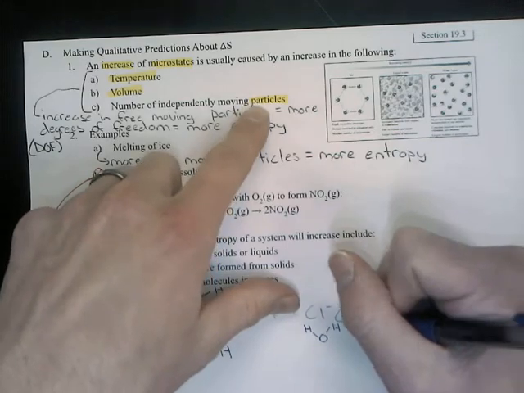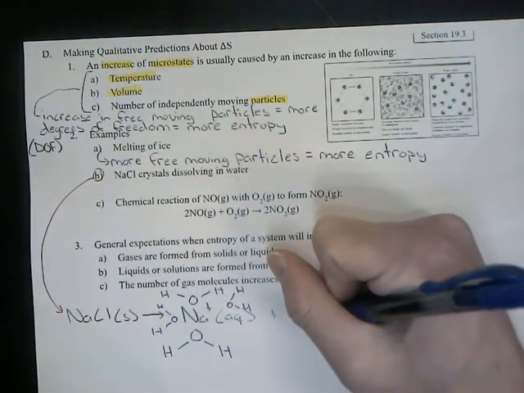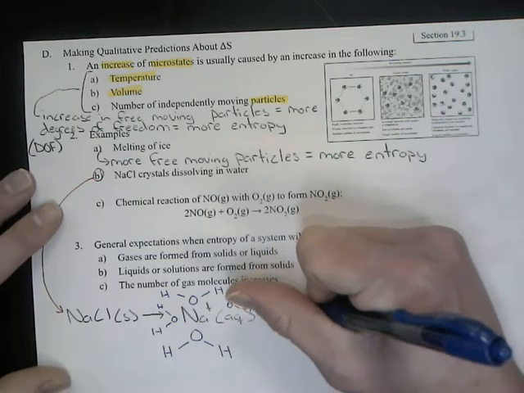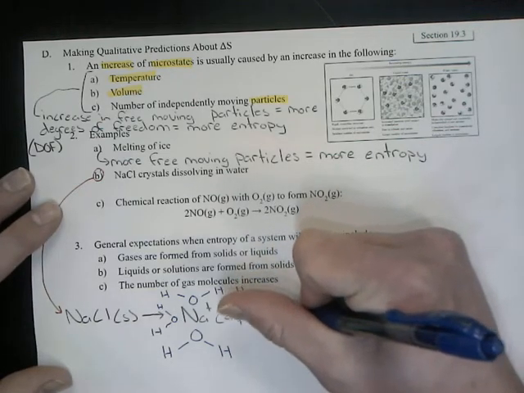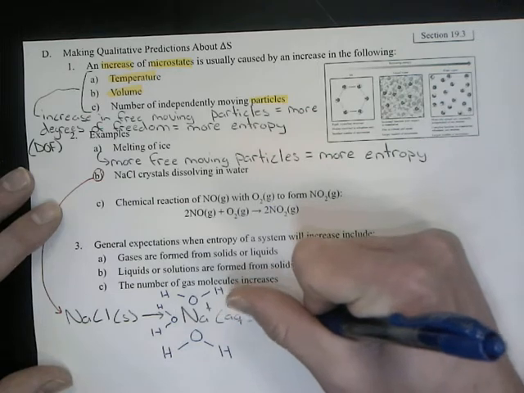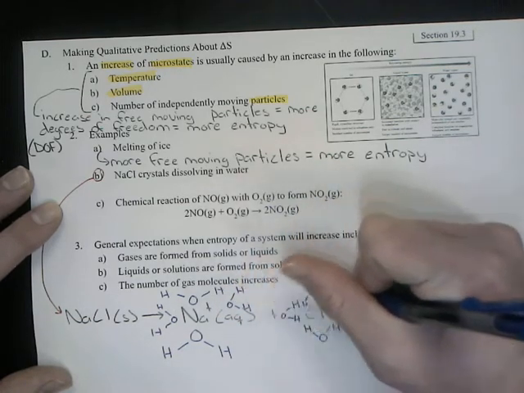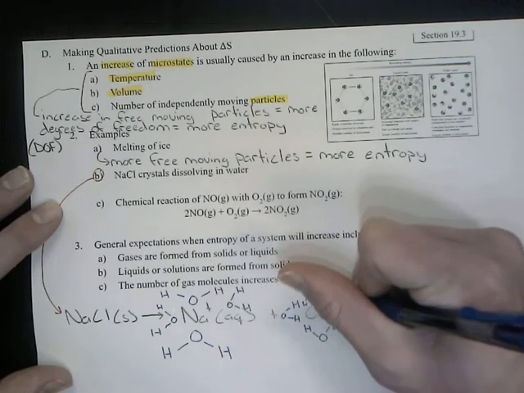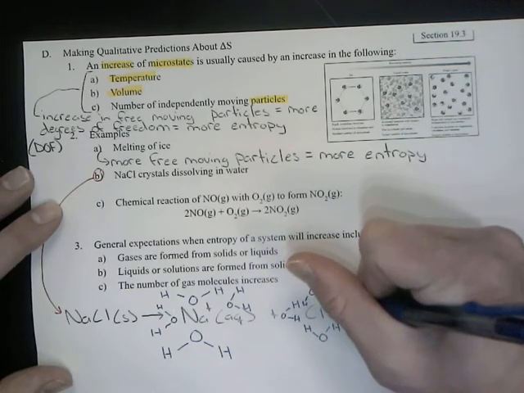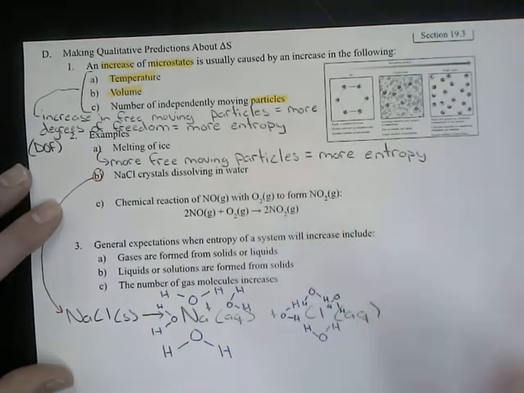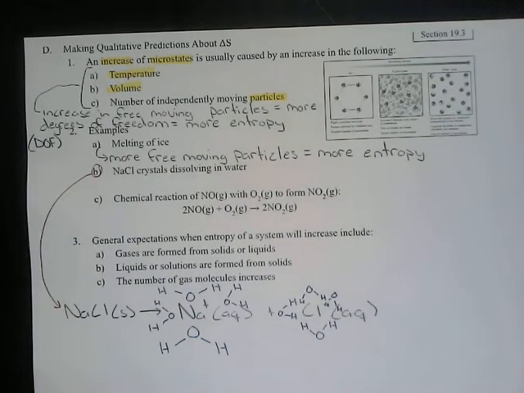So we have more particles, but what happens here is that the water, because it is now surrounding the Cl and Na ions respectively, they also have more order.